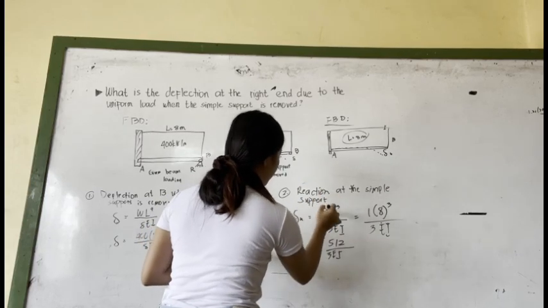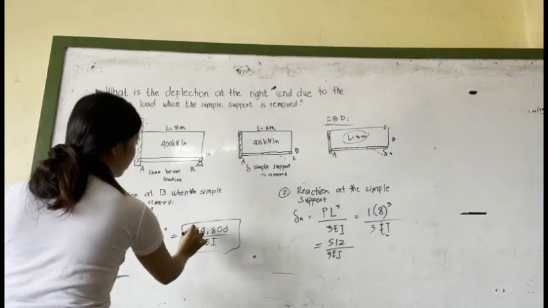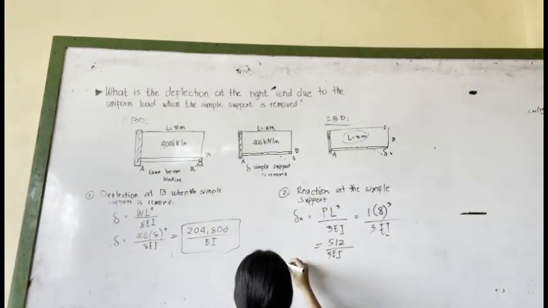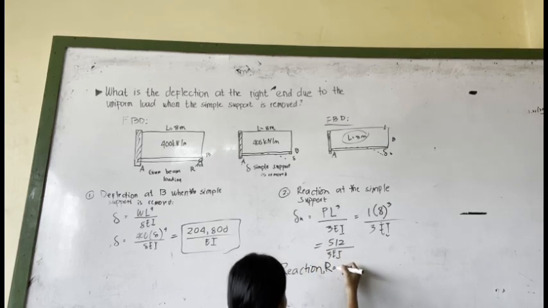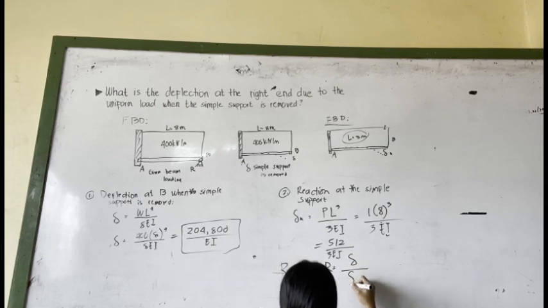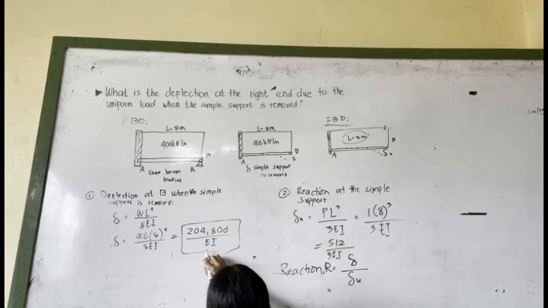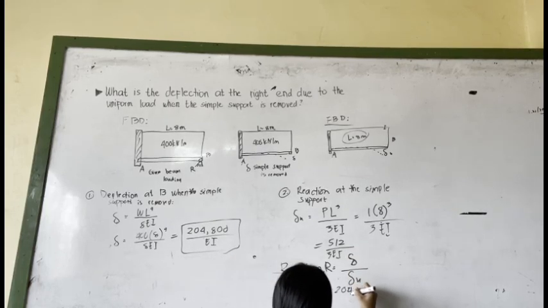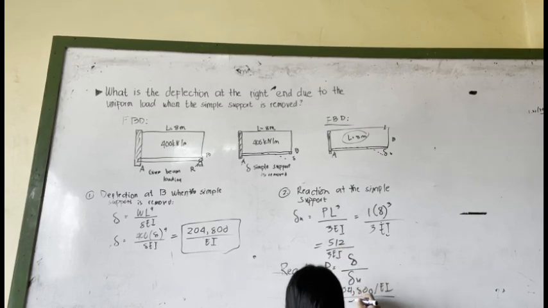So to get the reaction at the simple support, we will divide the deflection at B when the simple support is removed by the deflection due to the unit load. So the reaction, which is R, is equal to the deflection over the deflection due to the unit load, which is 204,800 over EI divided by 512 over 3EI.